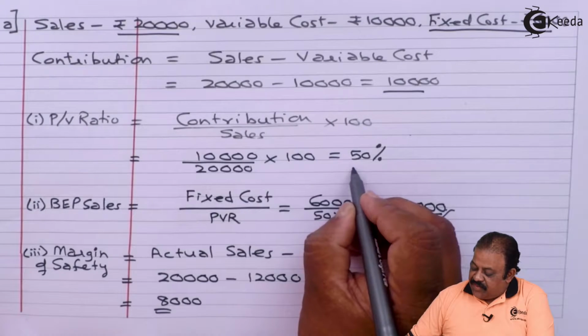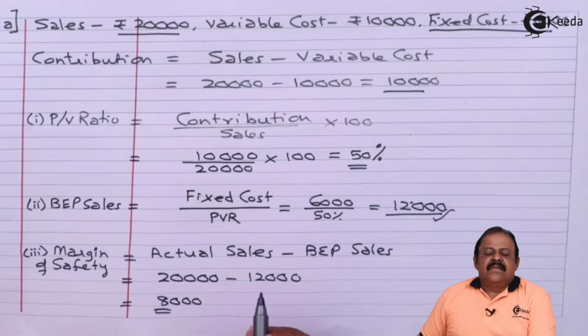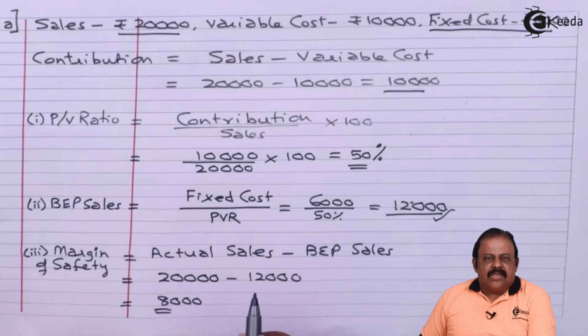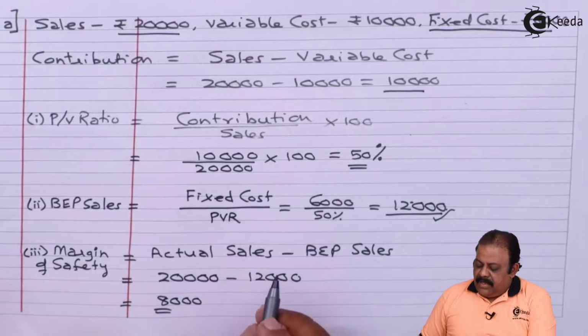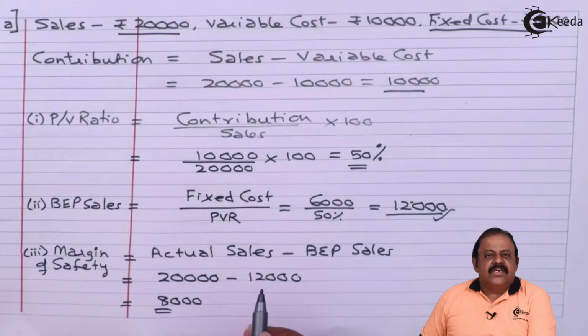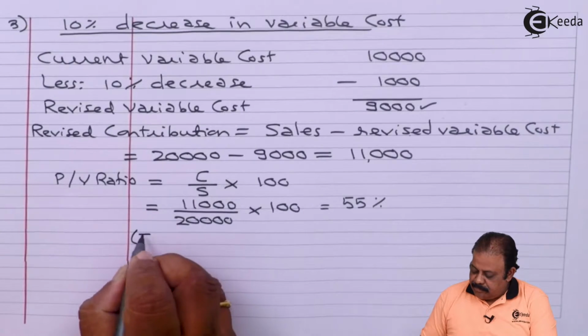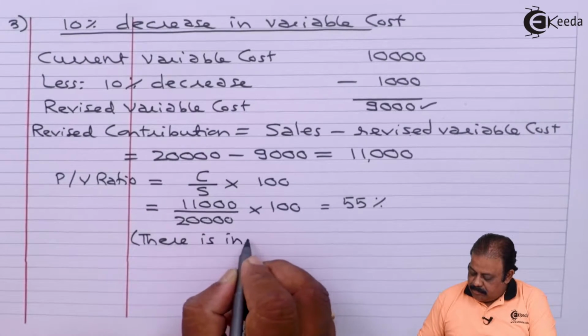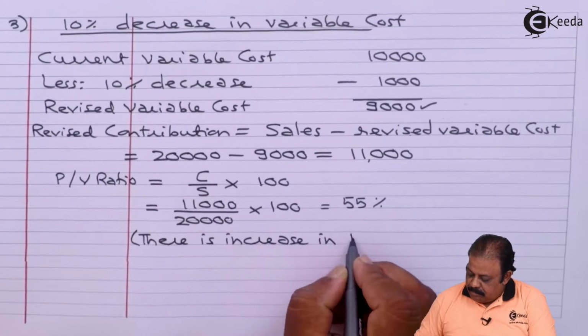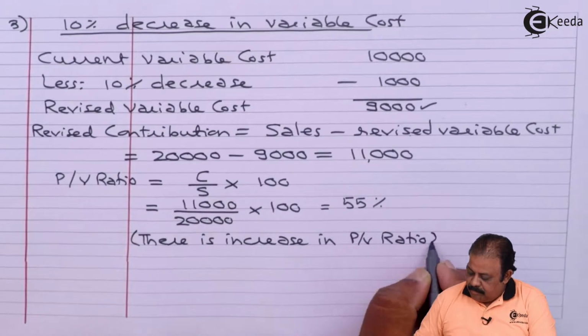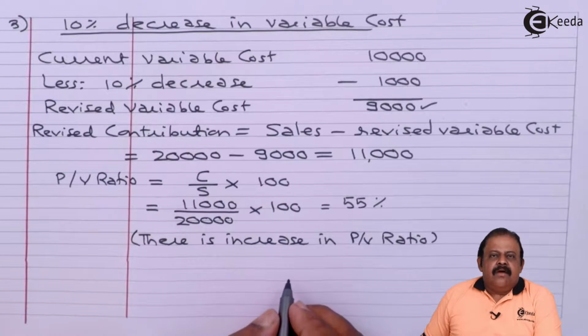Original PV ratio was 50%. As there is a decrease in the amount of variable cost, PV ratio has gone up from 50% to 55%. There is an increase in PV ratio.